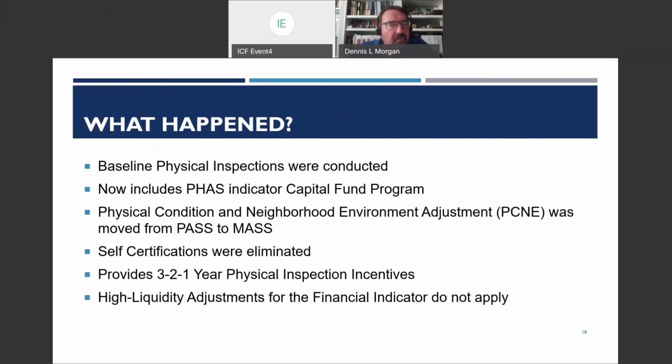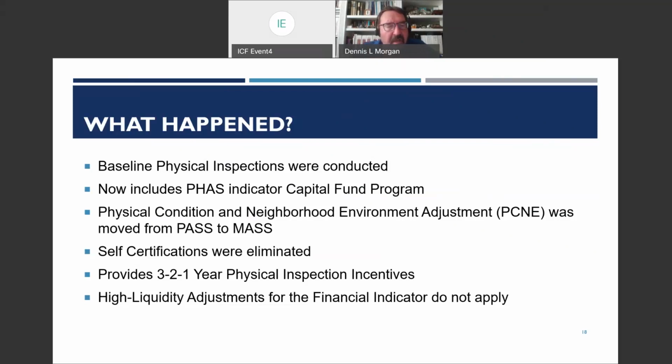So we now have what's called a 3-2-1 year physical inspection incentive. As a result of the physical inspection, if I'm a large PHA and I have more than 250 units, then that particular AMP and the scoring of the AMP will make a determination as to the frequency of the inspection, or my overall grade card will make a determination as to the frequency of the inspection.